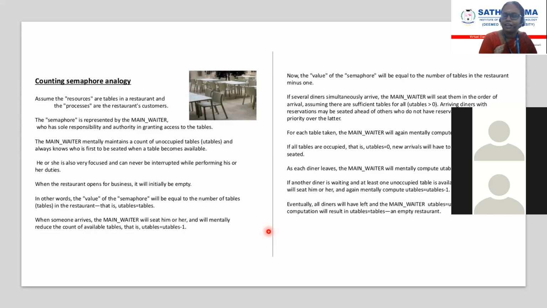When the entire restaurant is occupied, all the tasks are in the queue. If a new person comes, they are not allowed inside and have to wait outside. That is the waiting task. Then, according to the resource, they check whether two families can be accommodated at a single table. They will try to occupy the resource. So that is the counting semaphore analogy with restaurant tables.